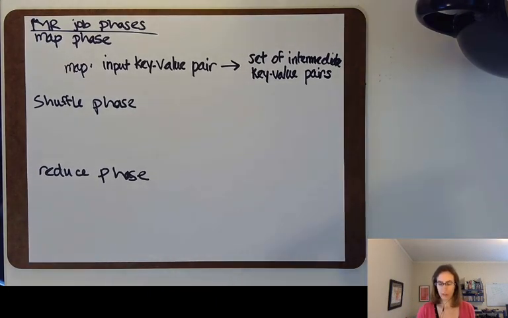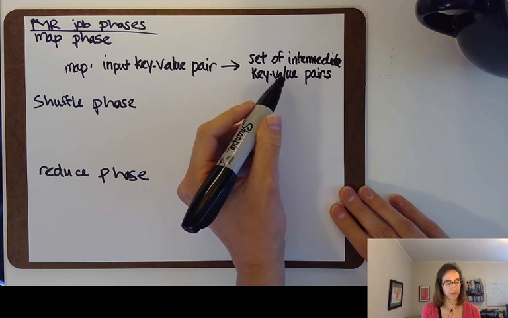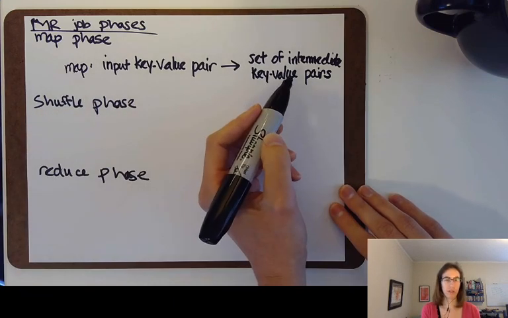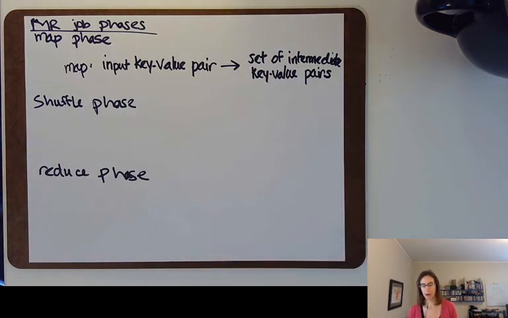Right, so where do these intermediate key value pairs that are produced by the map function stored? Where did they end up after the map function runs?